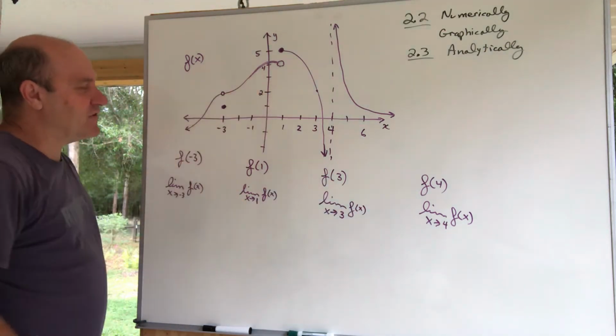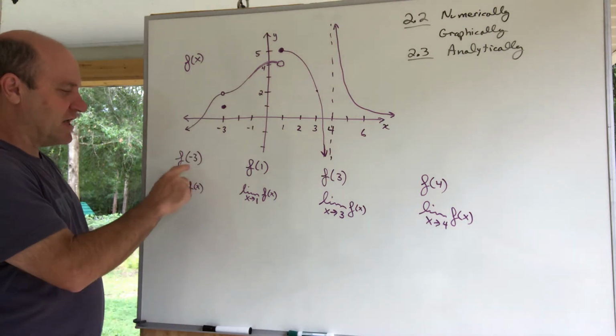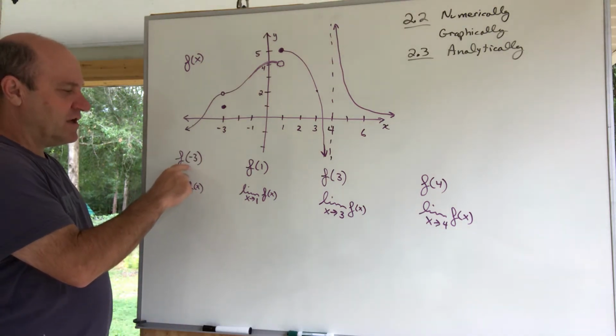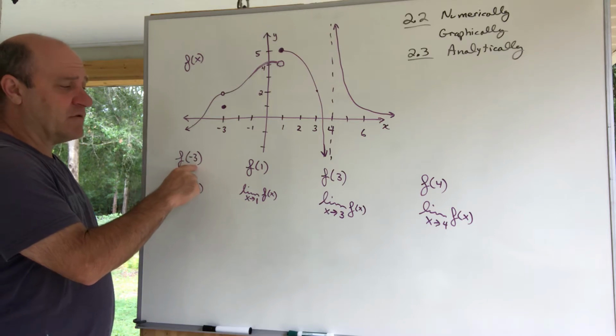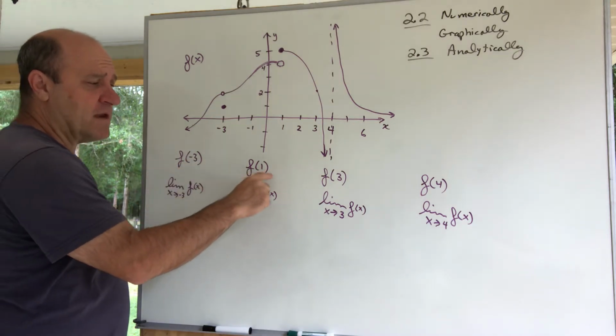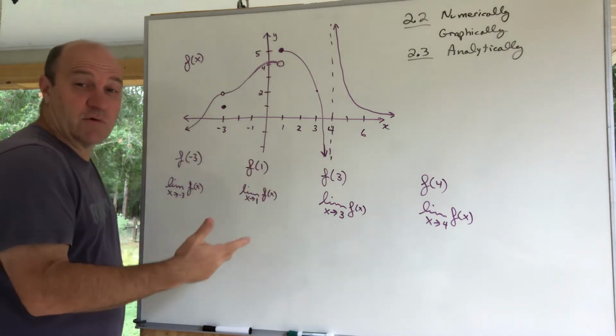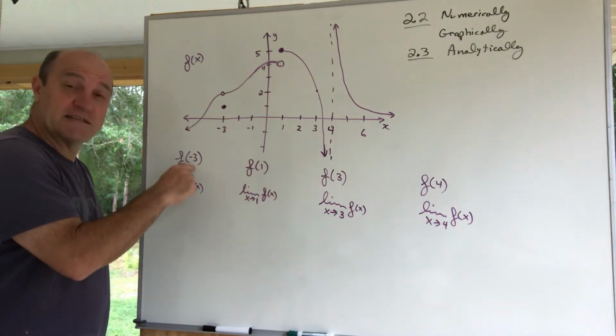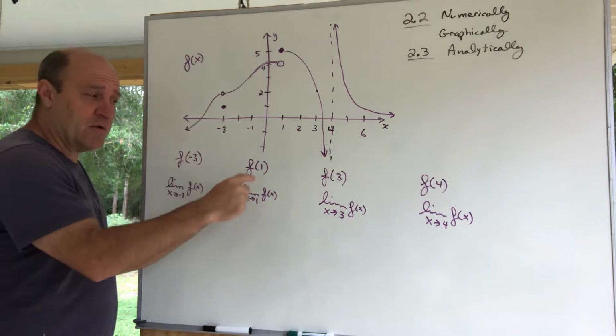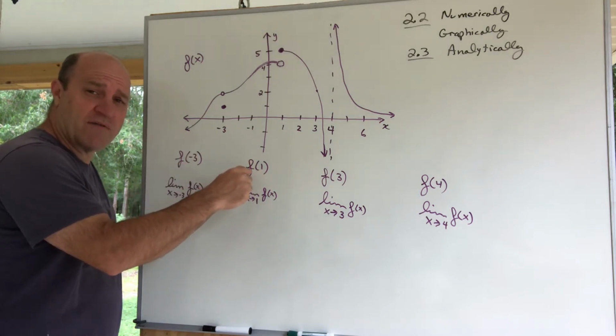You're observing this function, and the question is, what's f of -3? What's f of 1? What's f of 3? Those are kind of pre-calculus questions. When x is -3, what's the y value? When x is 1, what's the y value?